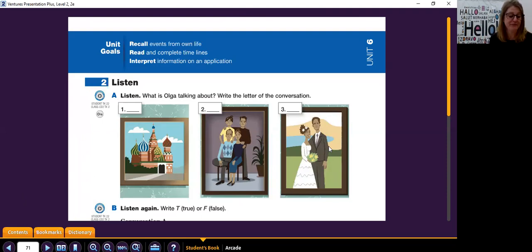Conversation A. Olga, I love your new apartment. Thanks, Victoria. We moved in 2 months ago. You're our first visitor. Is that your wedding picture? Yes, it is. That's my husband and me a long time ago. What a good-looking bride and groom.